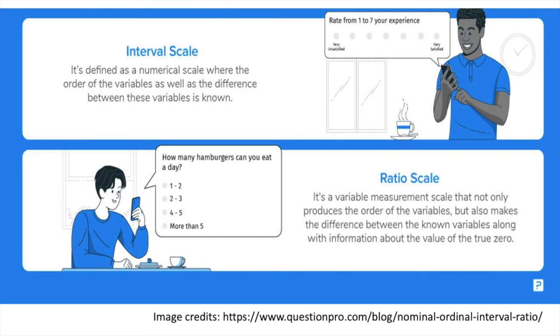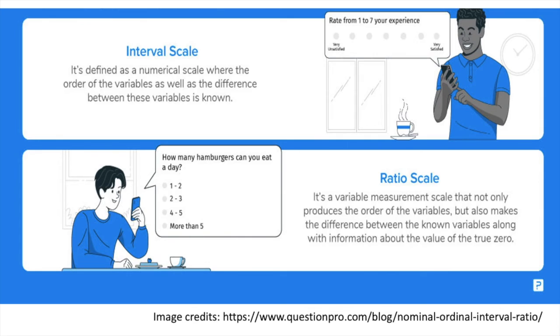Apart from the temperature scale, time is also a very common example of an interval scale as the values are already established, constant, and measurable. Calendar years and time also fall under this category of measurement scales.